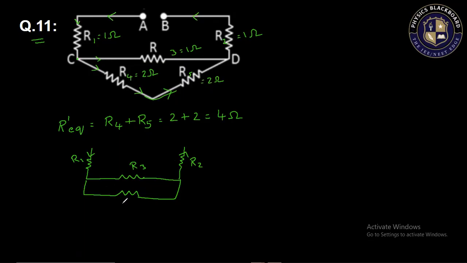Let's say this is R dash. Now you can see that the current is dividing at this point, so you can say that R3 and R dash are in parallel connection. So 1 by R double dash equivalent is equal to 1 by R3 plus 1 by R dash. I will take the value here, 1 plus 1 by R dash, 4. So what will I get?